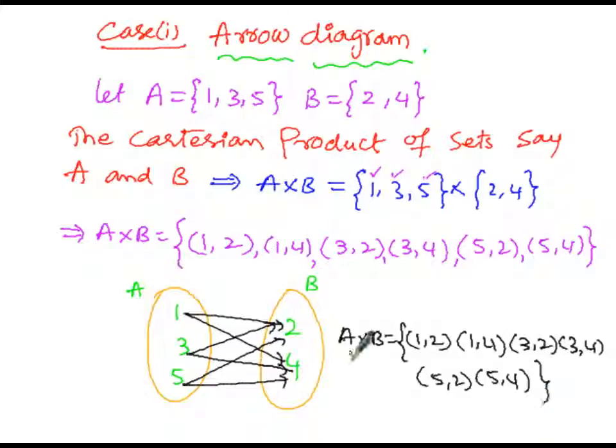In this manner we got A cross B by means of the arrow diagram. Here this is the notation of A cross B and the diagram which we have shown is the arrow diagram.